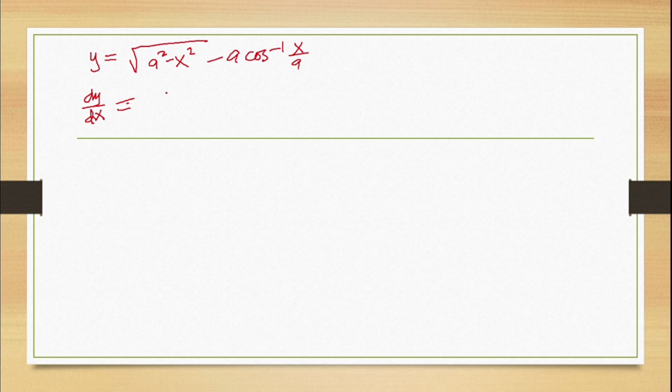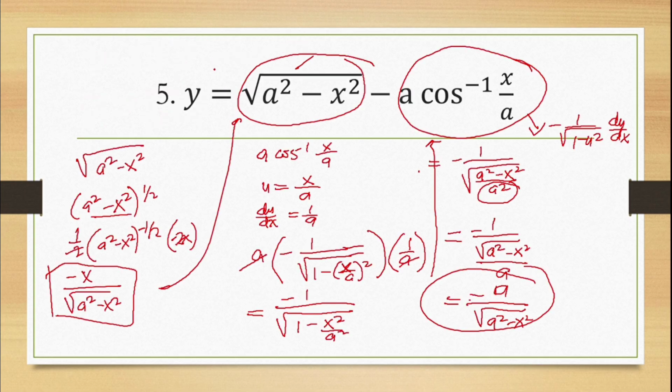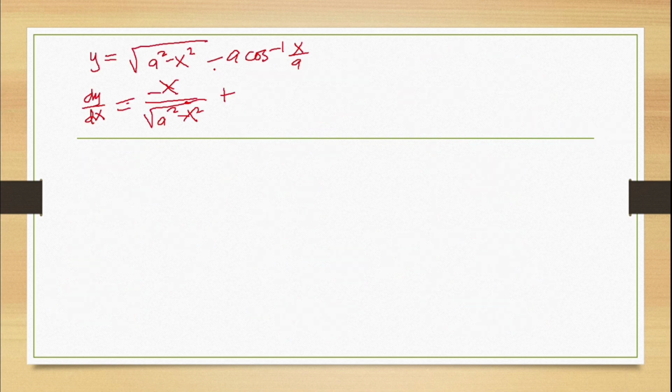So this is negative x over square root of a squared minus x squared. Then plus, the second part here is negative a, okay, so minus, so the negative, it becomes plus, a over the square root of a squared minus x squared.